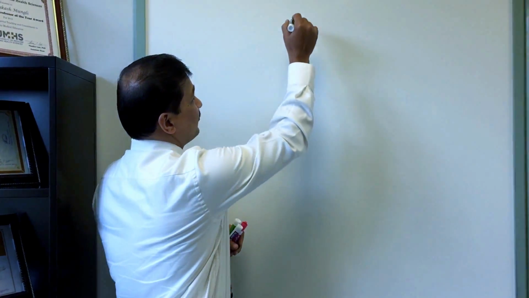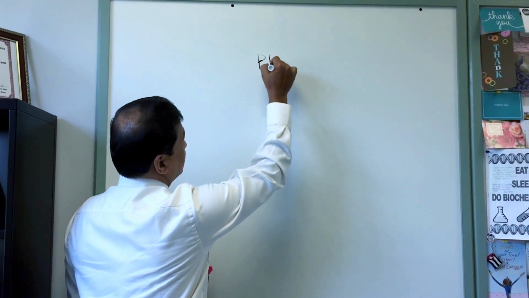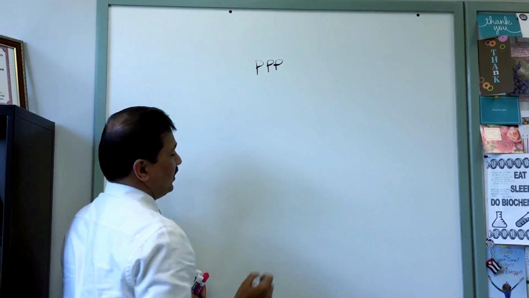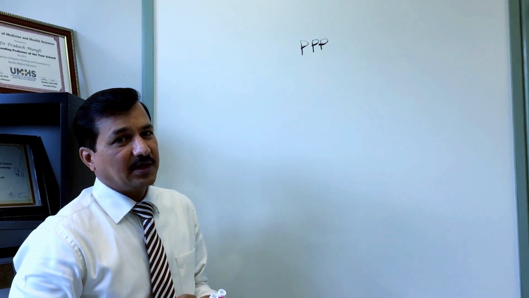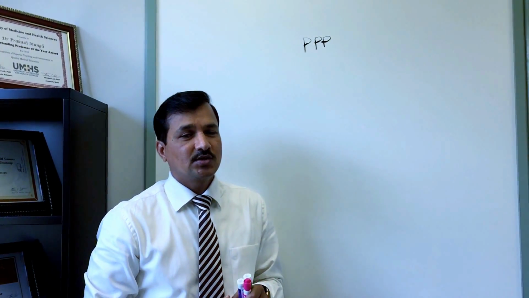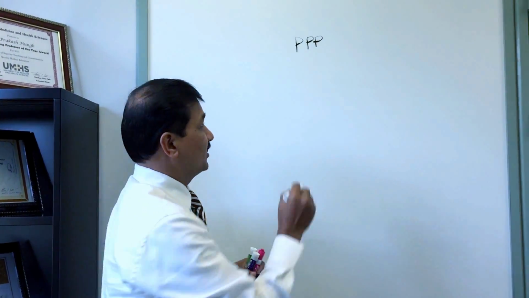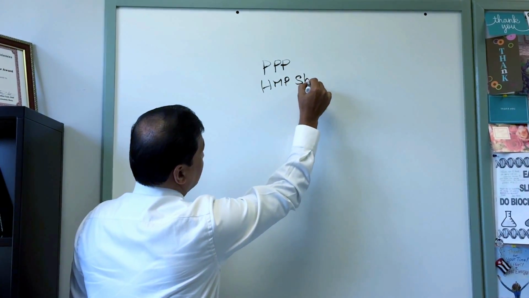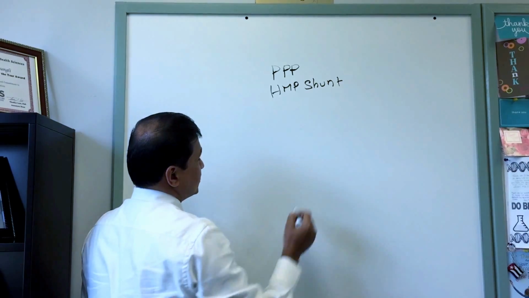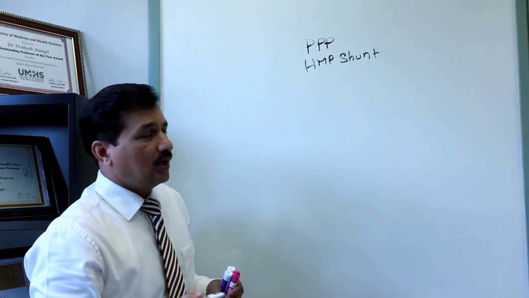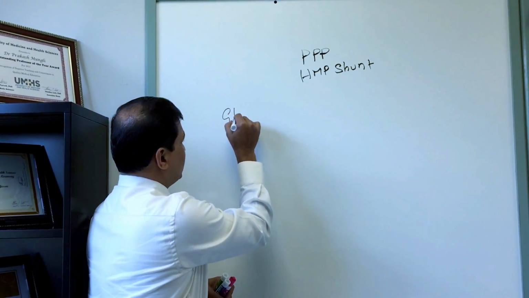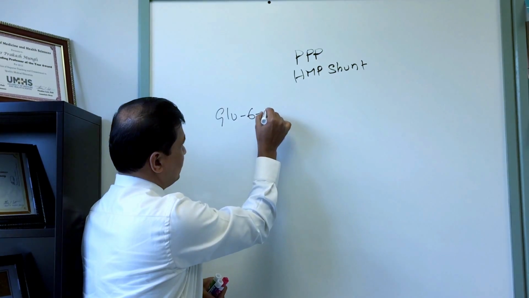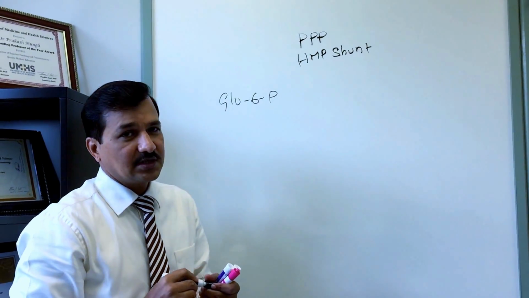So the pentose phosphate pathway. I'll just write it as PPP here, pentose phosphate pathway, which is also called the hexose monophosphate shunt, that is HMP shunt. Why is this called the HMP shunt? It is because the molecule glucose 6-phosphate is a hexose.